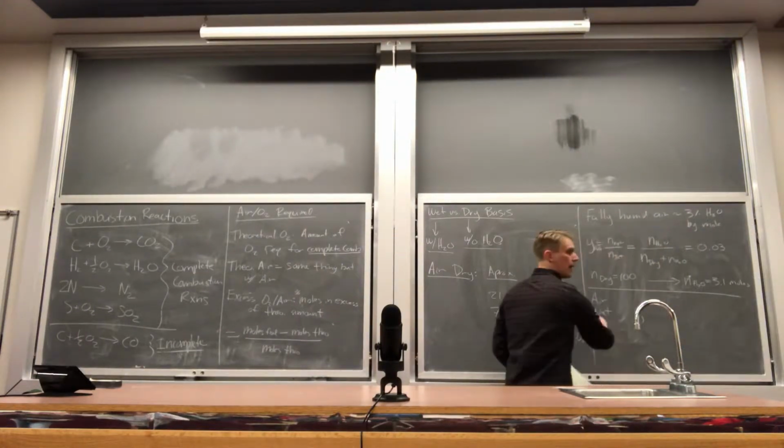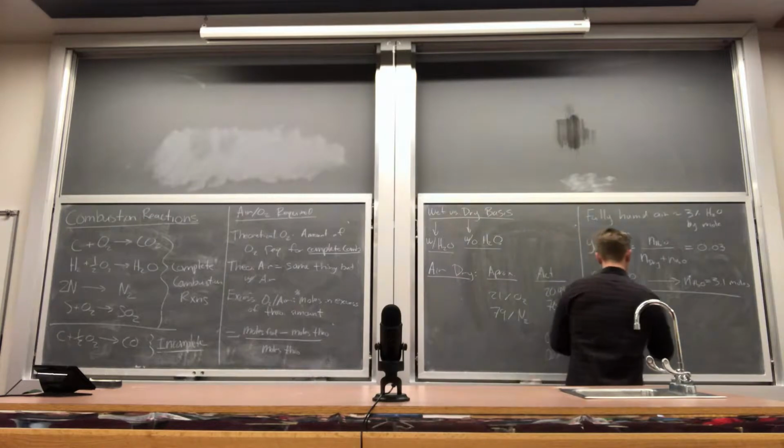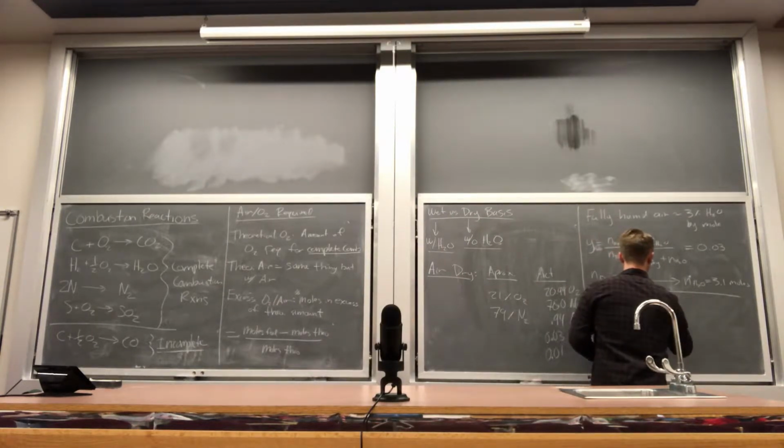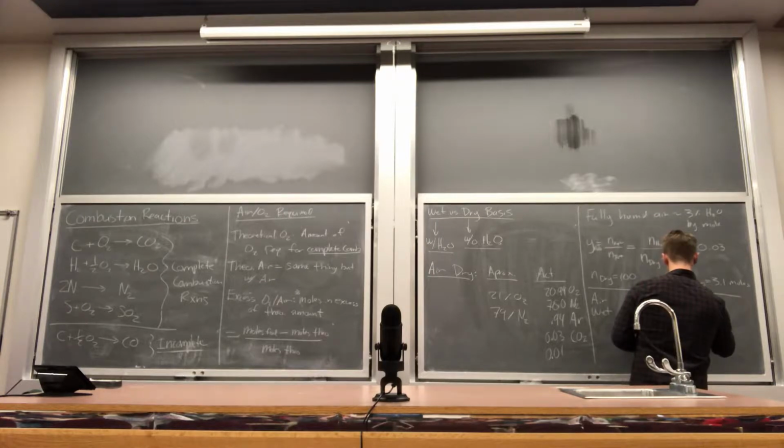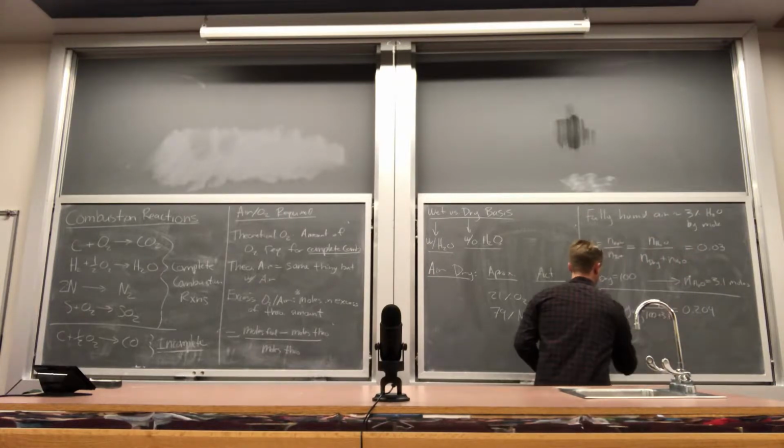So the composition of air on a wet basis is Y of oxygen equal to 21 divided by 100 plus 3.1, which is a little bit different, 0.2054, not a huge amount.